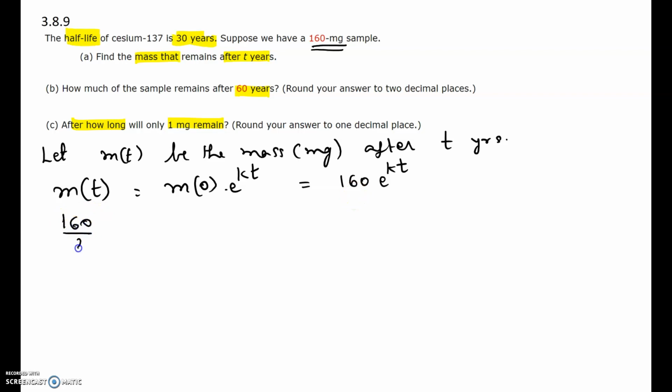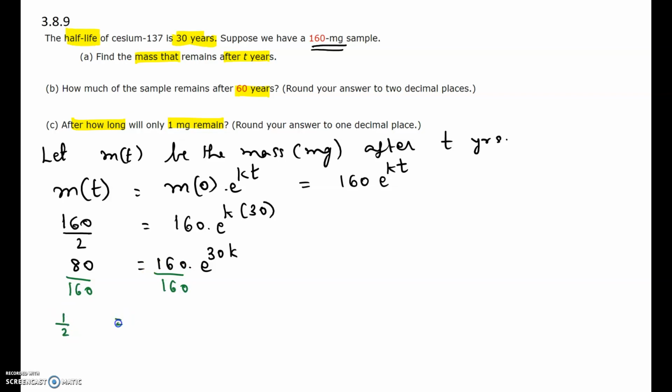So 80 equals 160 times e to the exponent 30k. Divide both sides by 160, and you get 1/2 equal to e to the 30k.